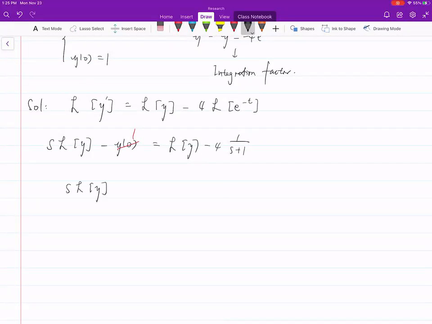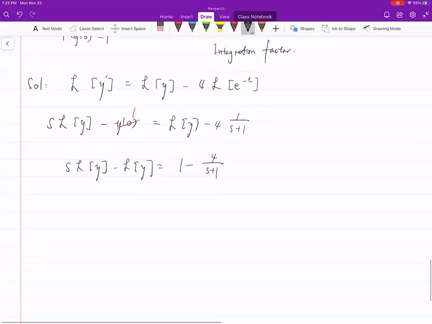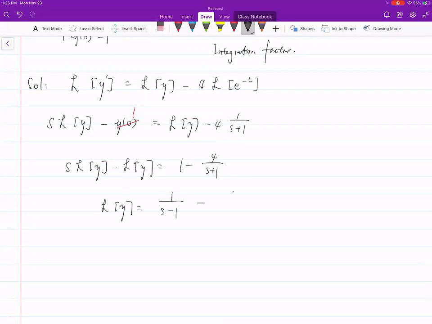sLy minus Ly equals 1 minus 4 over s plus 1. So Ly will equal 1 over s minus 1 minus 4 over s plus 1 divided by s minus 1 again.